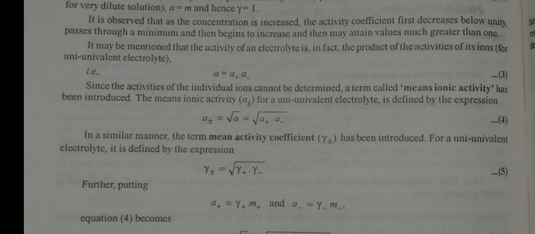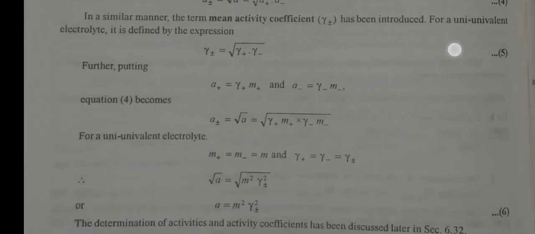Equation number 4. In a similar manner, the term mean activity coefficient gamma positive negative has been introduced for univalent electrolyte and is defined by the expression gamma positive negative is equal to under root gamma positive gamma negative. Further, putting a positive is equal to gamma positive m positive and a negative is equal to gamma negative m negative, equation 4 becomes a positive negative is equal to under root a, which is further equal to under root gamma positive m positive into gamma negative m negative.